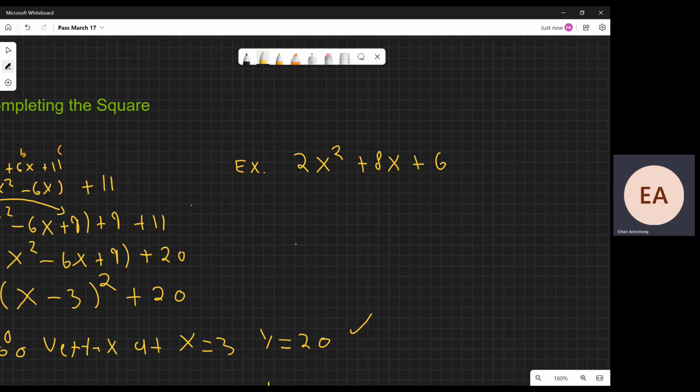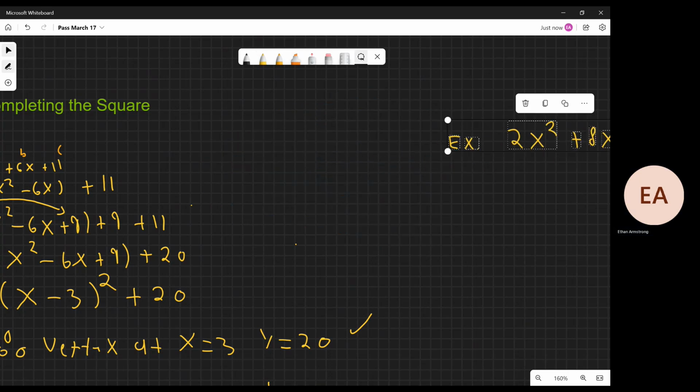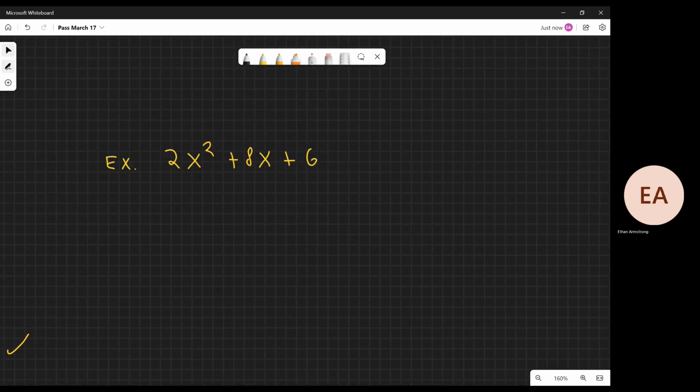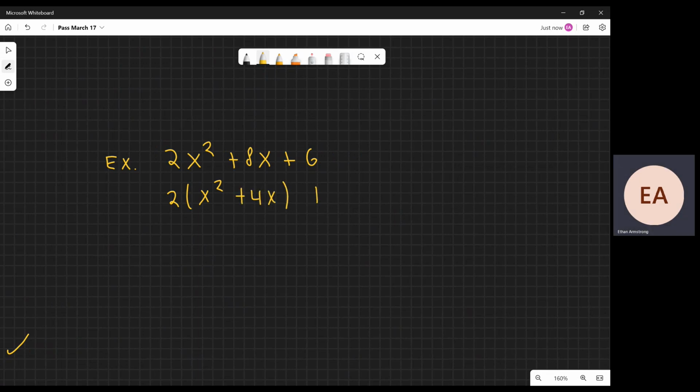So what we'd want to do here is factor the coefficient out of the first two terms. Just going to move this over a little bit. So that will give us 2 times x squared plus 4x, plus 6.